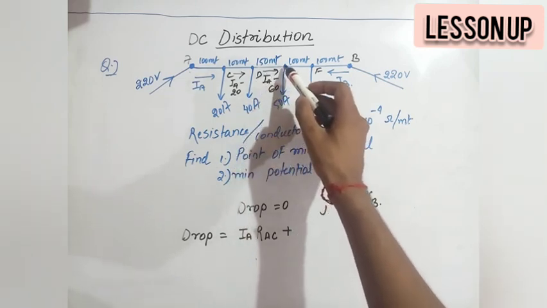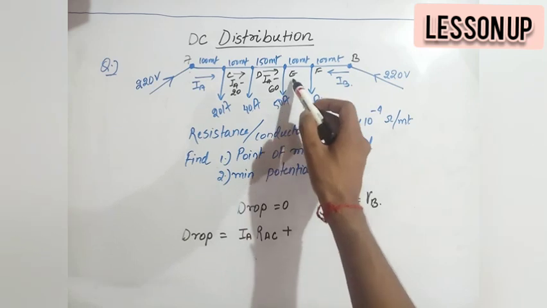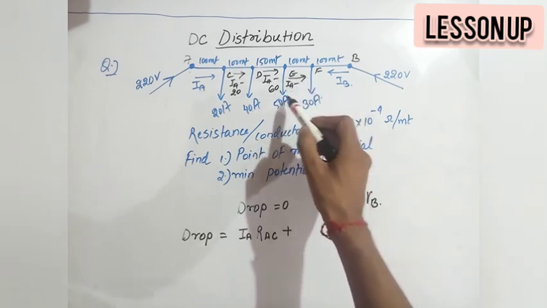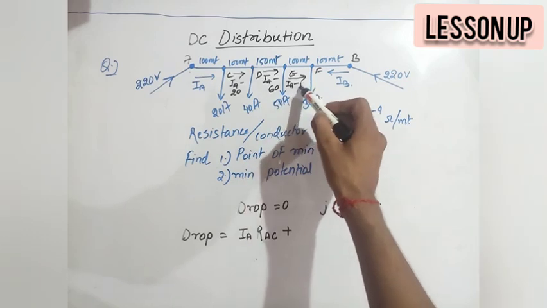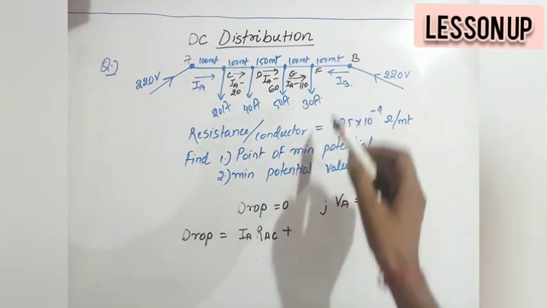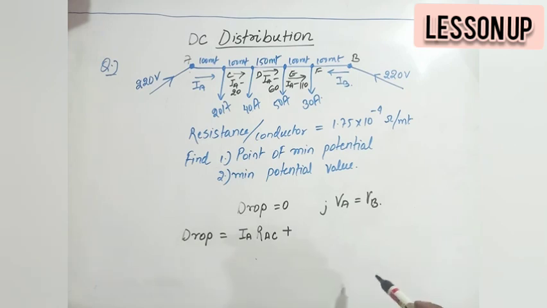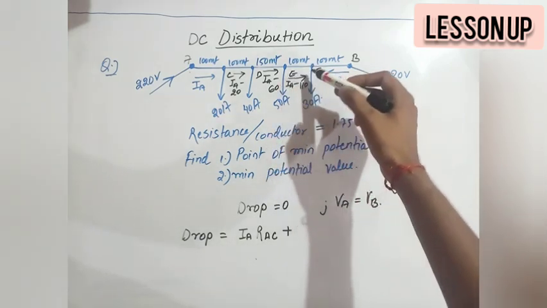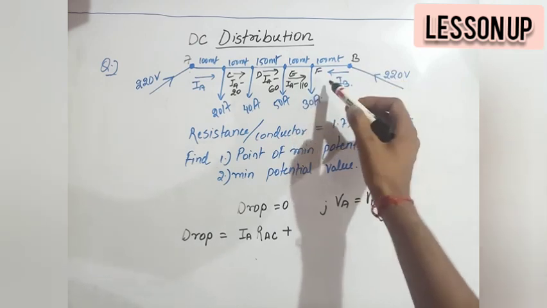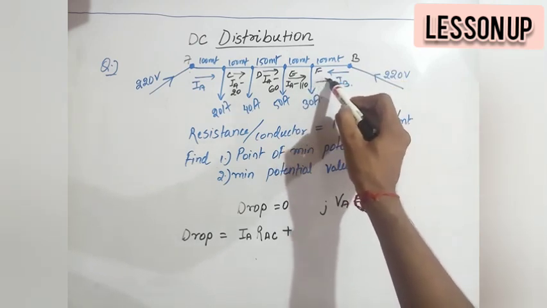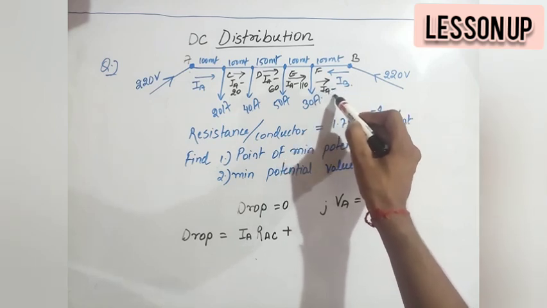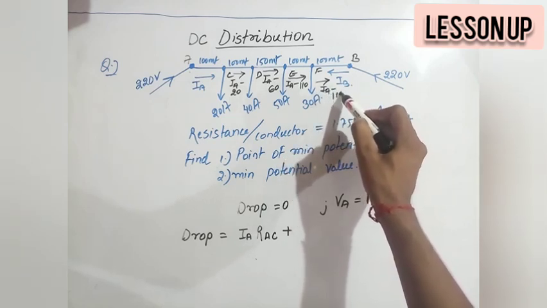IA minus 60 is coming from this direction and 50 ampere has been taken out, so this current will be IA minus 110 ampere. Last, IA minus 110 ampere is coming from this direction and we have taken 30 ampere, so the current will be IA minus 140.